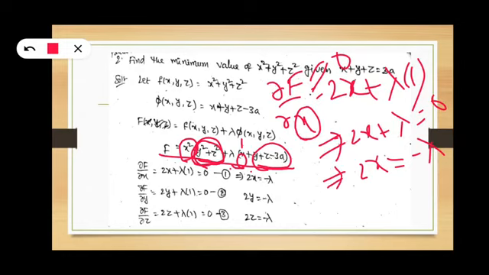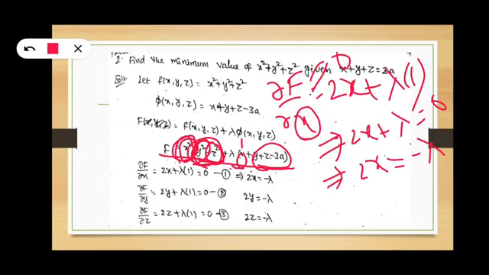Now we partially differentiate F with respect to y. Then dou F by dou y is equal to, here x square differentiation is 0, because we are doing the partial differentiation with respect to y, so x square and z square will be 0.